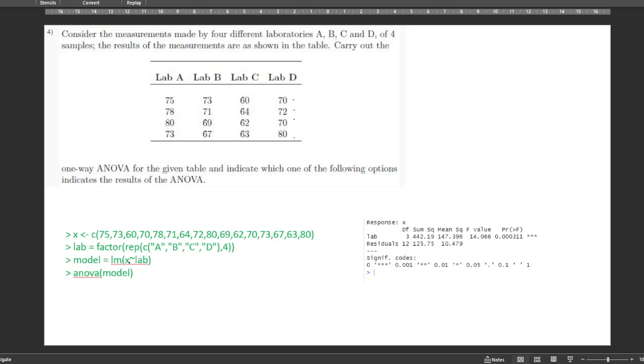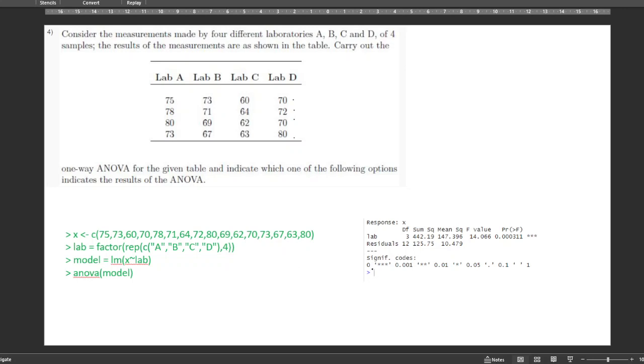Then I'm trying to correlate the values with a linear regression model. So model is equal to the linear regression model lm, with the formula x tilde, the symbol, lab. This will result in a model, and then we take this model and do the ANOVA test.